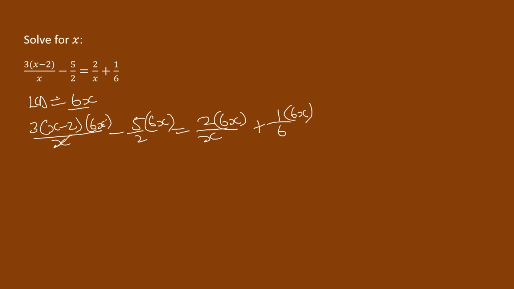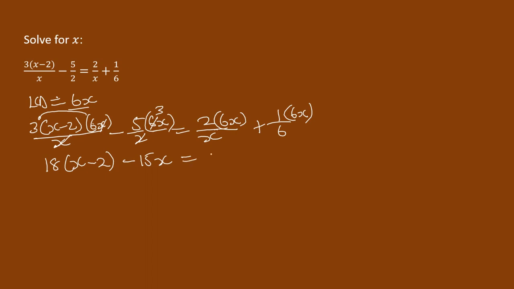Right, x into x is 1, we remove 6. 6 times 3 is 18, so it's 18x minus 2. Then 2 into 6 is 3, so negative 5 times 3 is negative 15x.